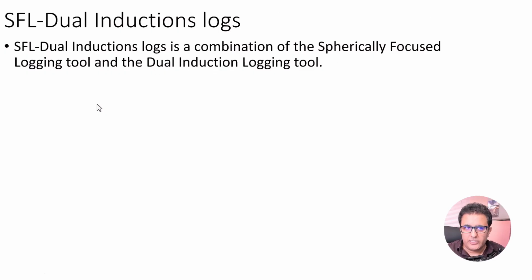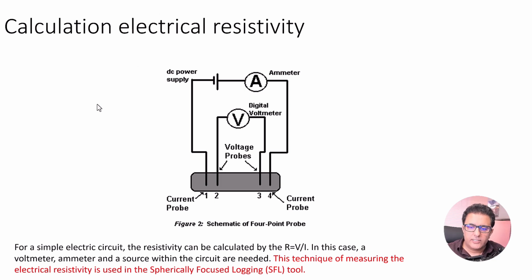As I mentioned, this logging tool is a combination of two tools. One of them is the Spherically Focused log, or SFL. The other is the Dual Induction log. Okay, you're familiar with how we are able to estimate resistance. For example, if we have an object and we measure current, then voltage over current gives us resistance.